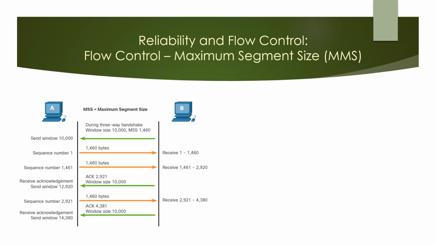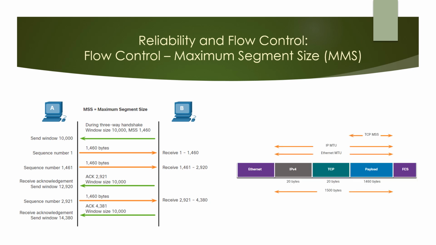On an Ethernet interface, the default maximum transmission unit is 1500 bytes. Subtracting the IPv4 header of 20 bytes and the TCP header of 20 bytes, the default maximum segment size will be 1460 bytes, as it is shown here in this figure.